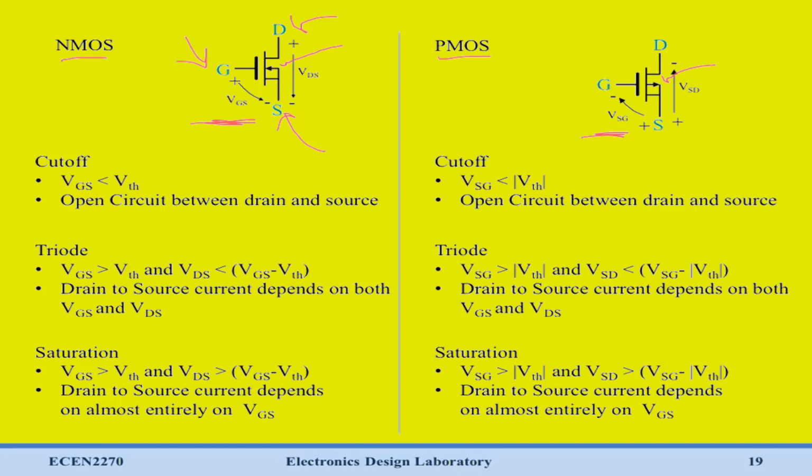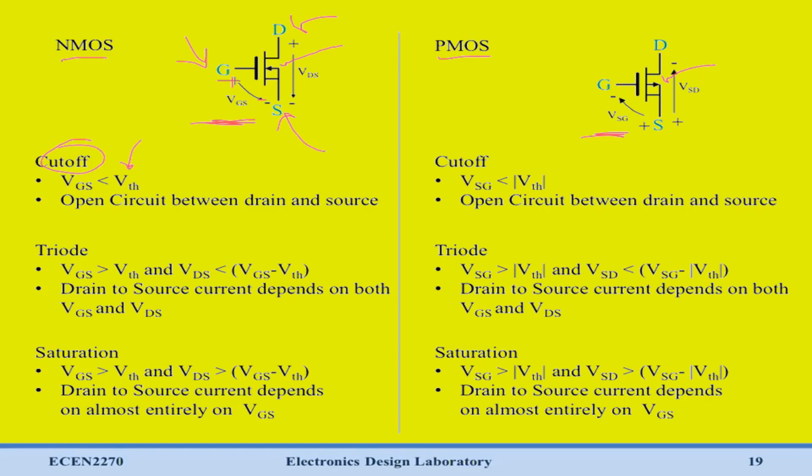Just like with BJTs, the PMOS is the dual of the NMOS. Everything is simply reversed. And just like our BJTs, there's 3 different operating regions. The first region is cutoff. Now, in order for a MOSFET to do anything, VGS, so the voltage between the gate and the source, needs to be greater than what we call a threshold voltage.